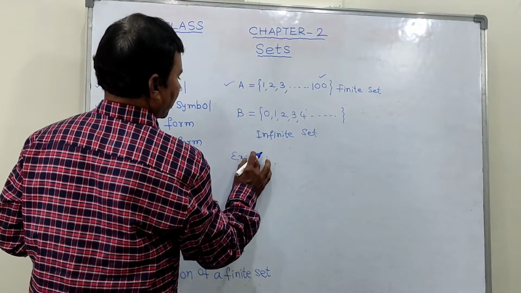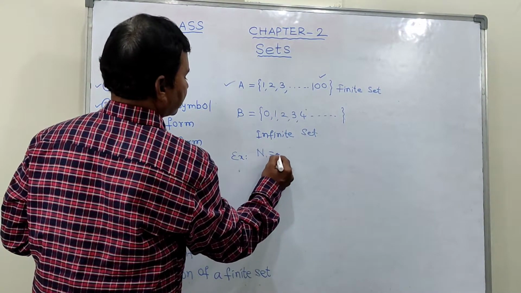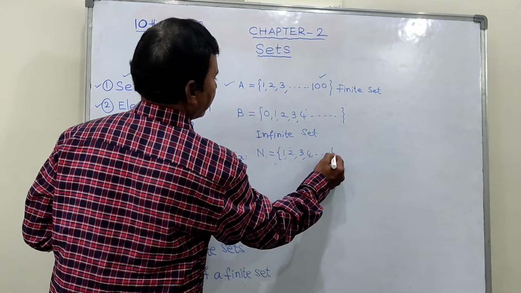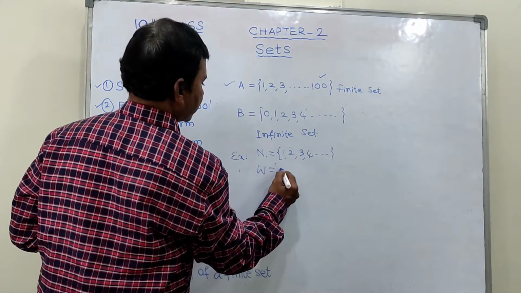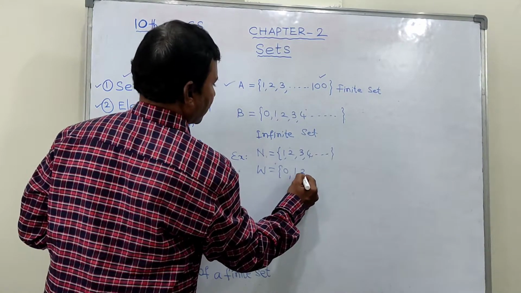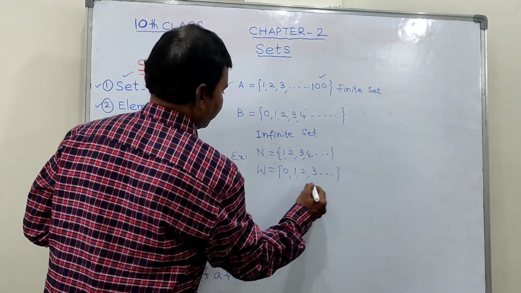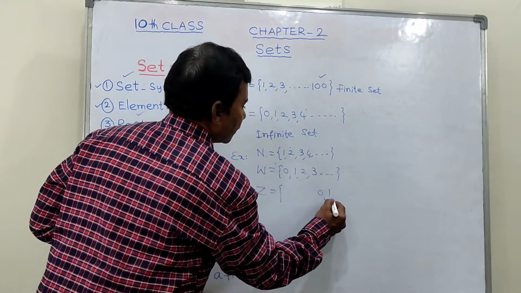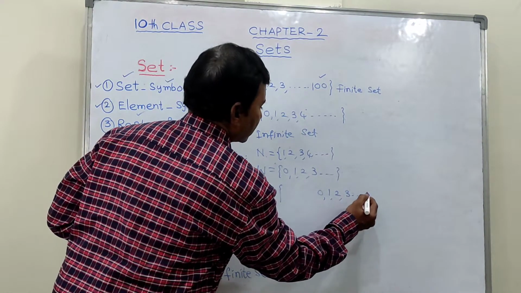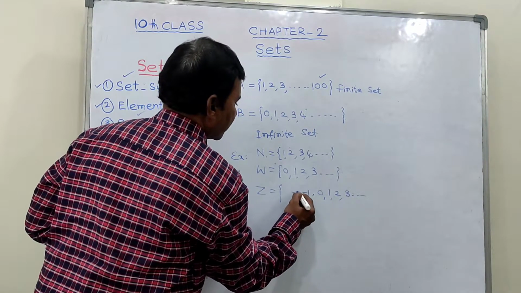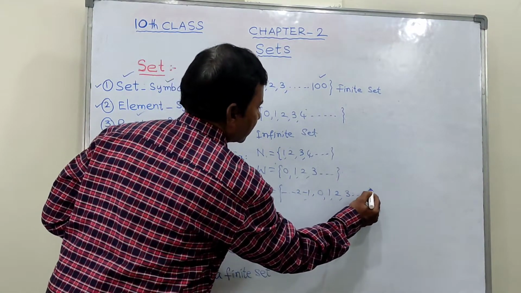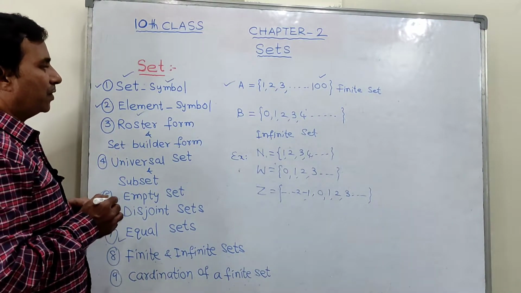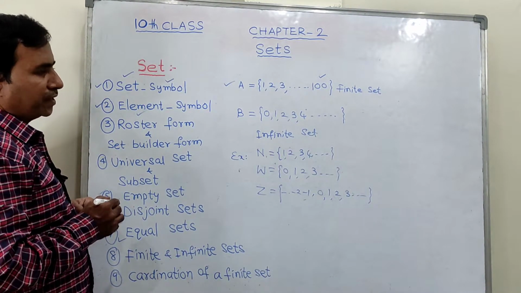Suppose natural numbers 1, 2, 3, 4, so on. Whole numbers 0, 1, 2, 3, so on. Integers 0, 1, 2, 3, so on the right side, left side minus 1, minus 2, so on. So, all these are the well known examples of infinite sets.